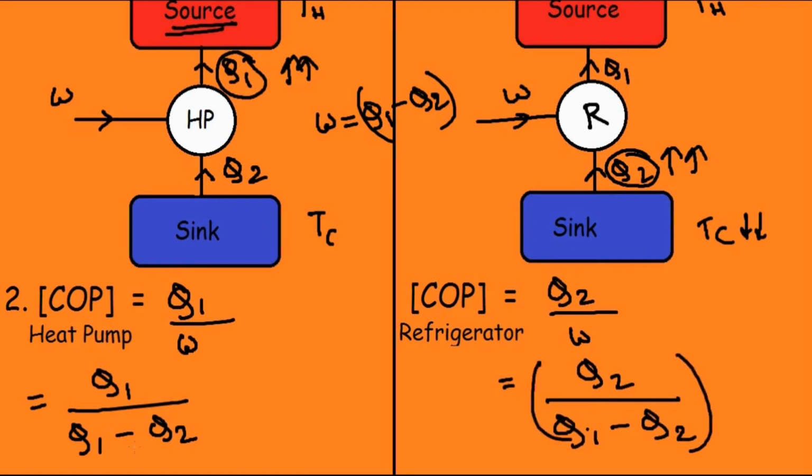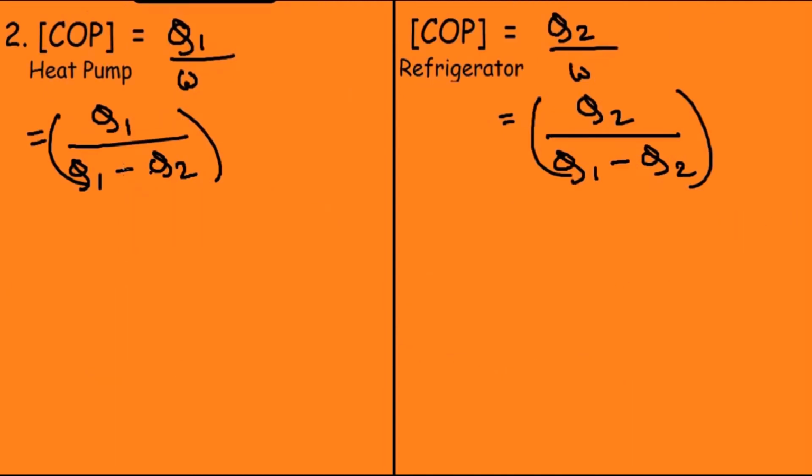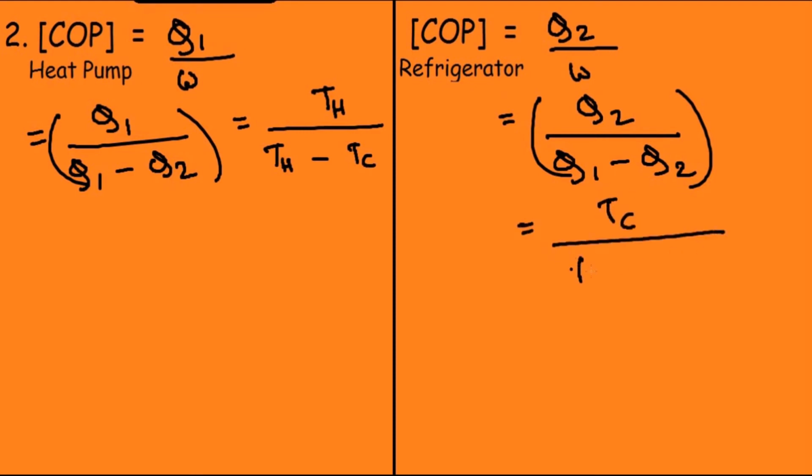So we can represent these COPs with respect to the source and sink temperatures. For the heat pump this becomes TH divided by TH minus TC, and for the refrigerator this reduces to TC divided by TH minus TC.